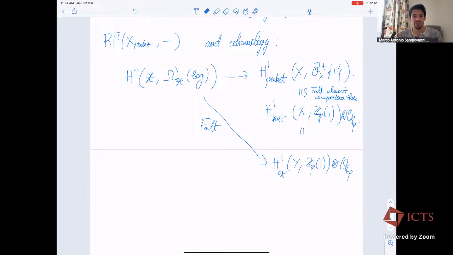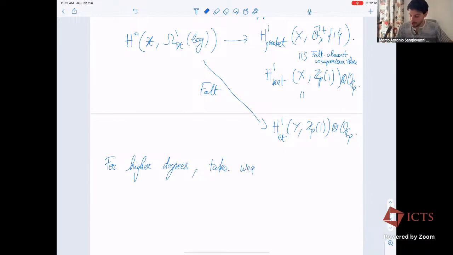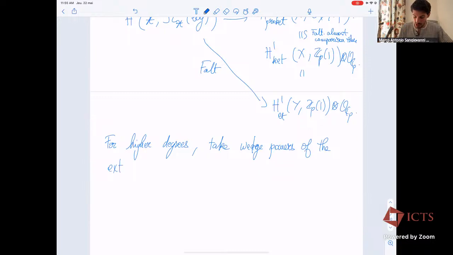So how do you build a map to higher omega i's? The idea is just to take wedge powers of the extension that you got before. For higher degrees, take wedge powers of the extension E plus.